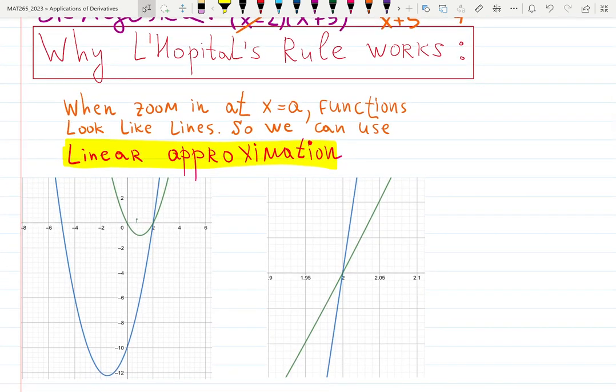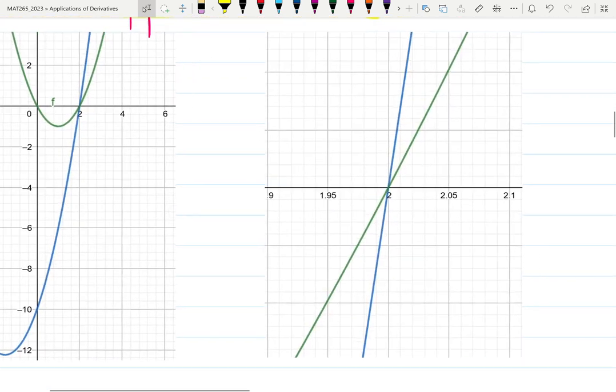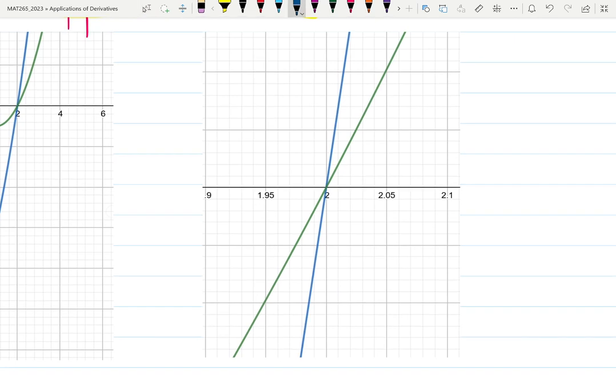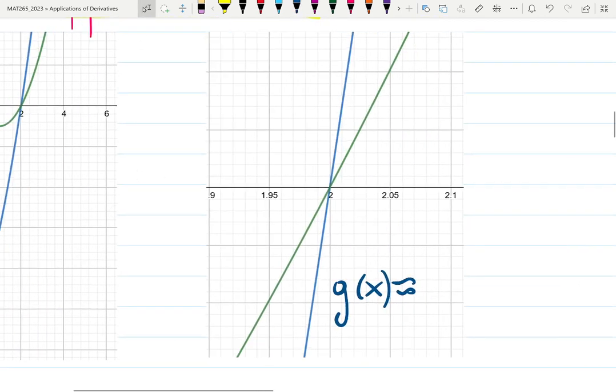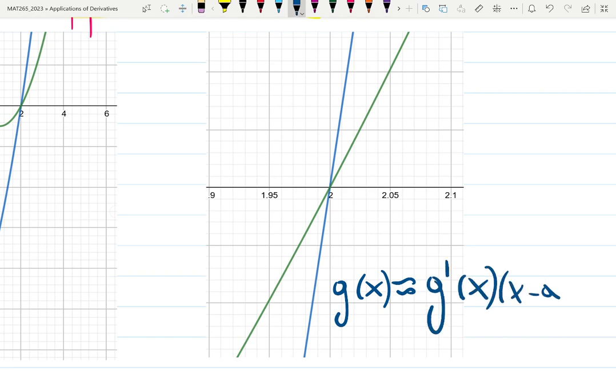Basically, I will actually write this down. If you want to understand the big idea behind it, linear approximation is used in many ways. It was a boring chapter, but so I would call the blue one g of x. g of x can be approximated with the derivative times x minus a.